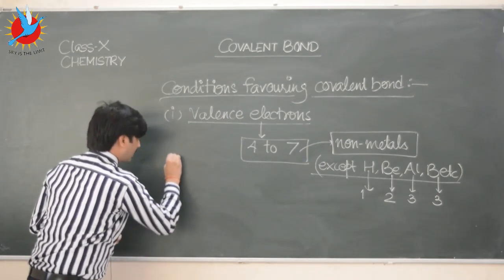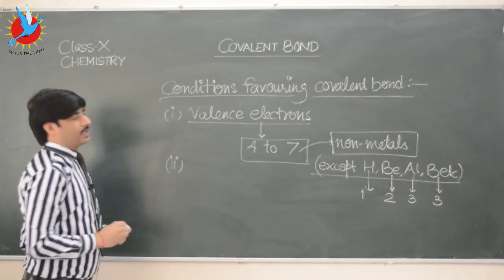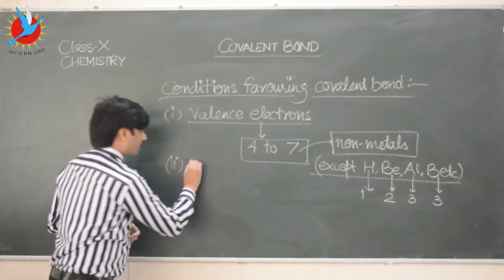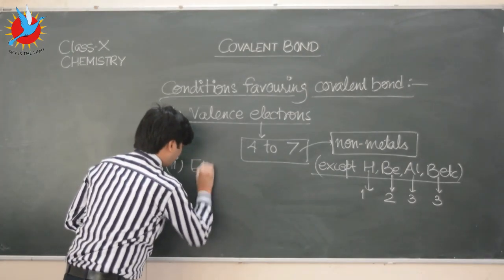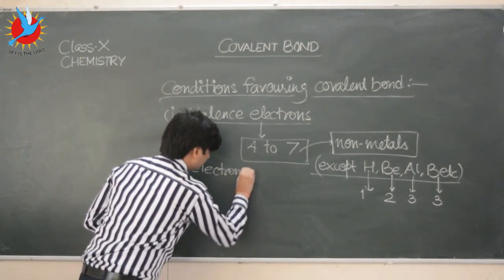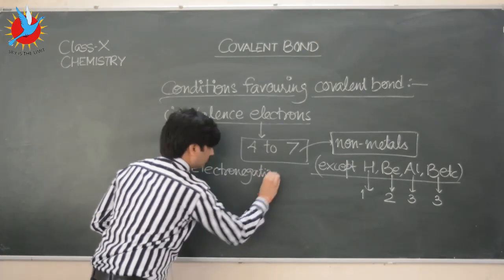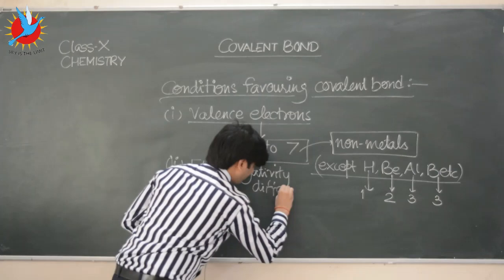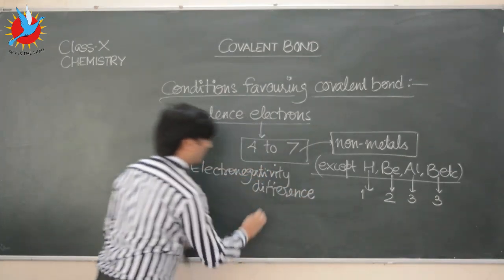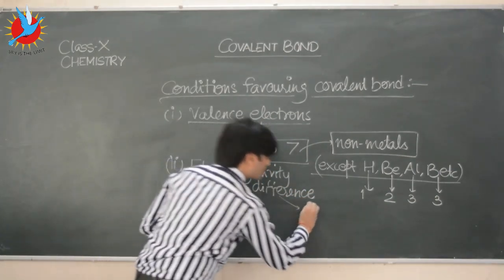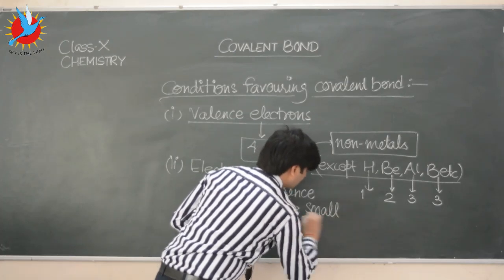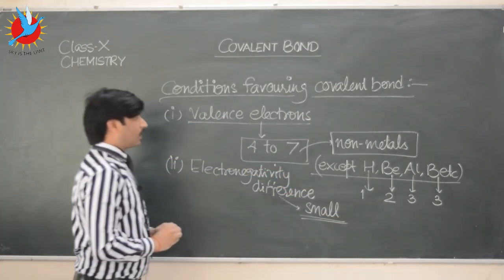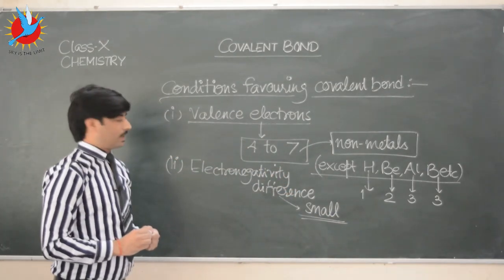The second condition which is favoring covalent bond is electronegativity difference. The electronegativity difference should be small between 2 atoms, then only they will form covalent bond.